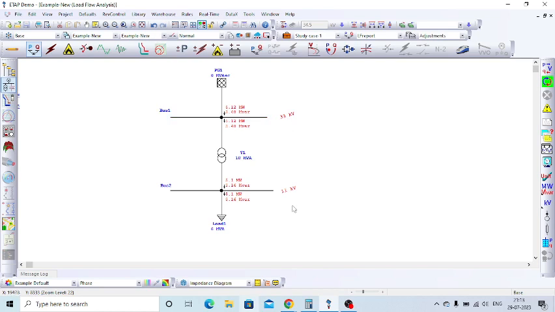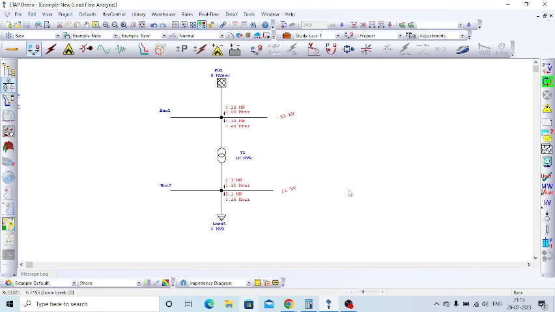Since it is a simple two bus system, we are able to maintain the voltage. Here it is 11 kV. Suppose we have n number of buses, it means we have to see all the bus voltages. The nth bus also, the voltage should be within the tolerance limit.